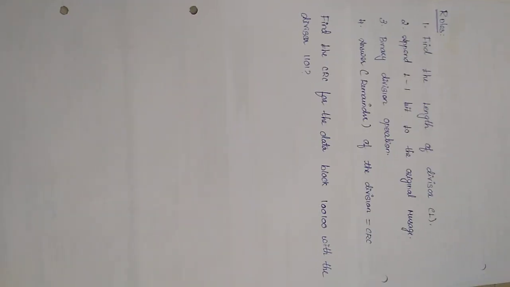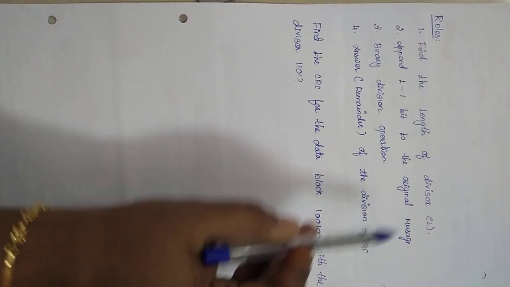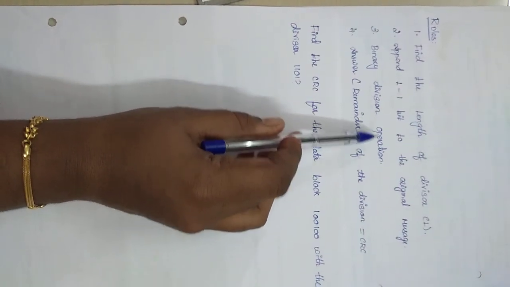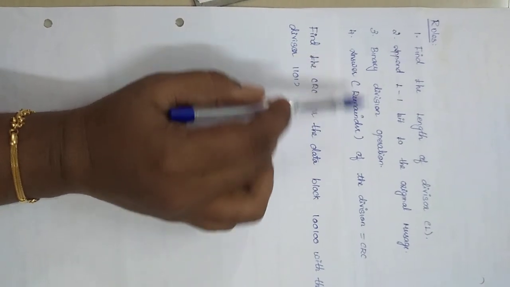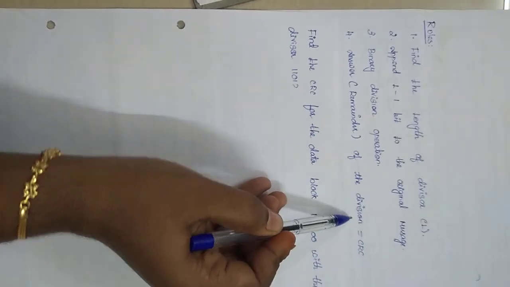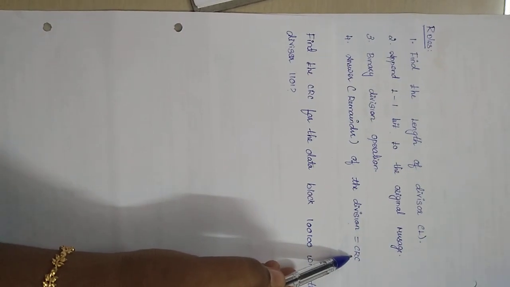The first rule is to find the length of the divisor, L. Next, append L minus 1 bits to the original message. Third, perform the binary division operation. Fourth, the remainder of the division operation is our CRC.